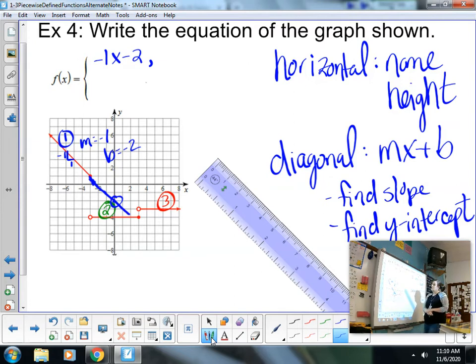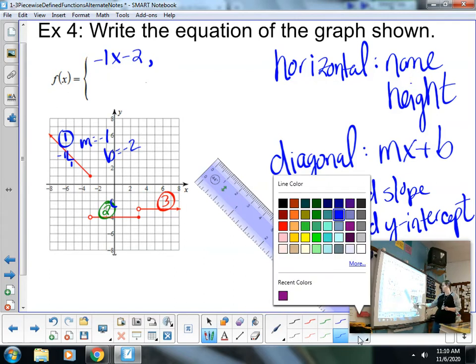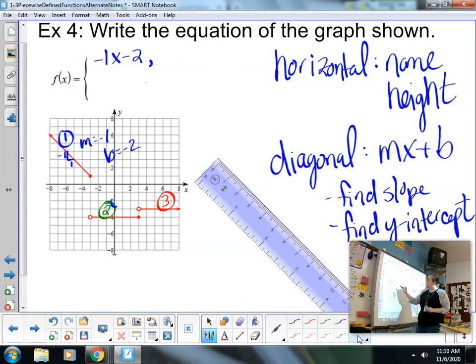Now after the comma, we are going to figure out where the boundary is. So my boundary line, I'm going to use something bright here, maybe like a yellow. My boundary line occurs right here, and that is at the x value of -3.